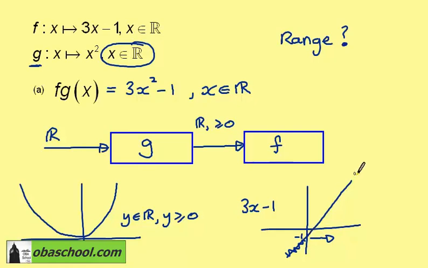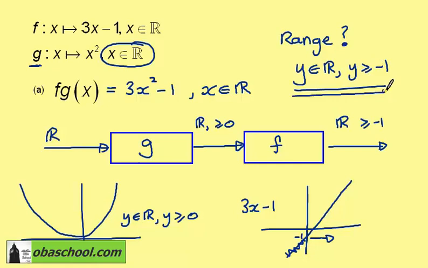If we now look at the y-axis, we can see that the range, the output, is going to be real numbers, but greater than or equal to minus 1. The range then will be y is a real number, y greater than or equal to minus 1.